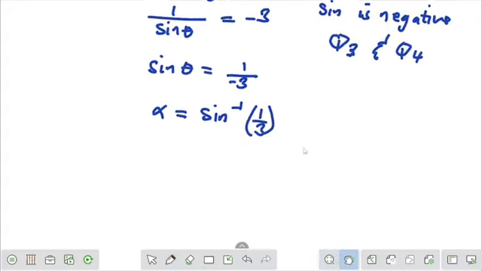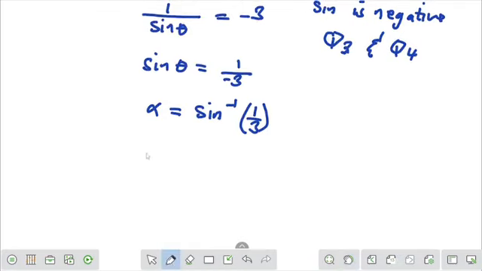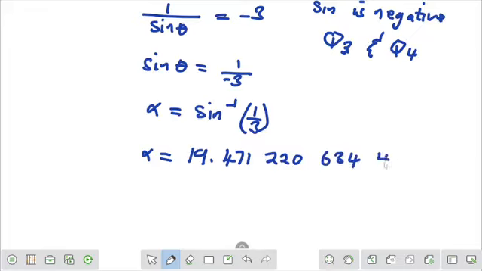So from here, you can press on your calculator: shift, then sine inverse of 1 over 3. This will give us 19.471220634490 7.